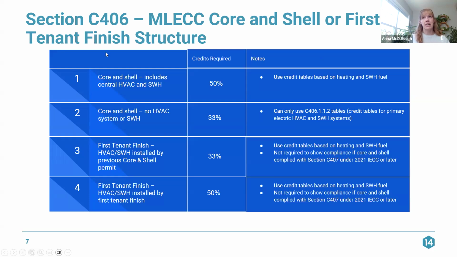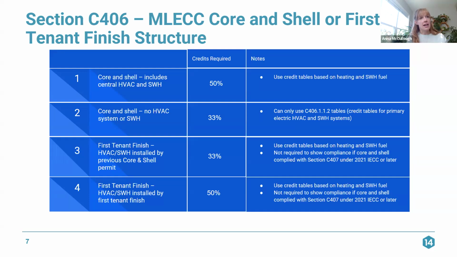So this is kind of like this building was built and designed here, and then these people moved in. They're the ones that come after number one. You have to comply with 33% of the credits required, and you have to reference the tables required under the fuel type that was installed.